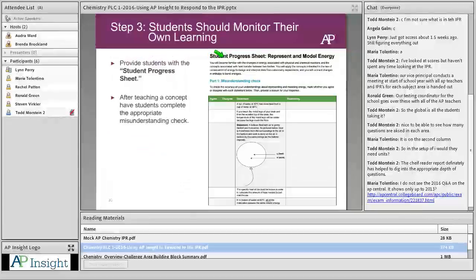All right. So once you've kind of gotten an idea of things that you want to fix or things that you'd like to change about how you're presenting the material or activities you're doing with your students, I almost always go back to the student progress sheet that's in the AP Insight program.